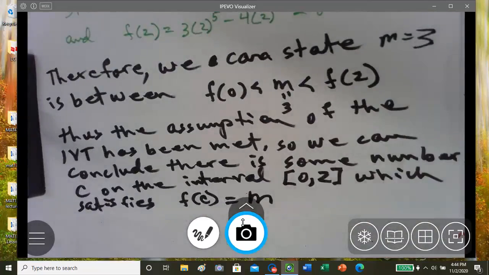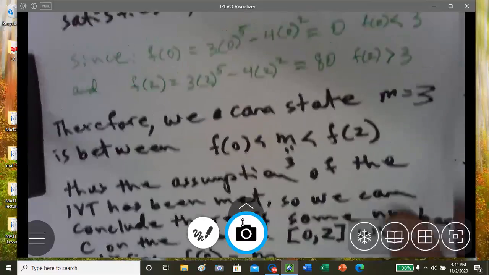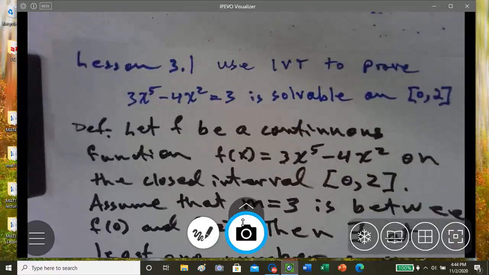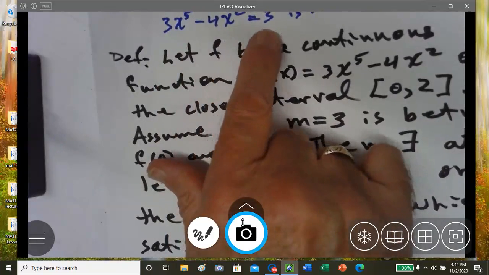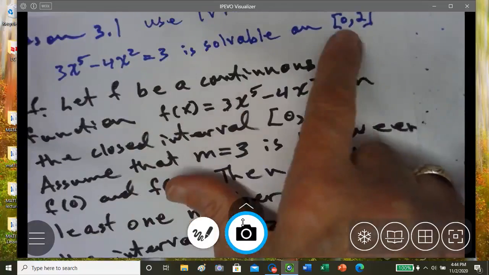And that concludes this video and this problem. We've proven that 3x to the fifth minus 4x squared equals 3 is solvable on the interval 0 to 2.